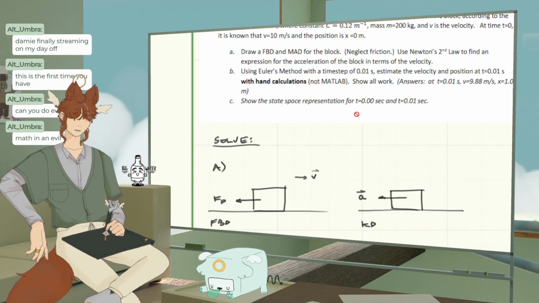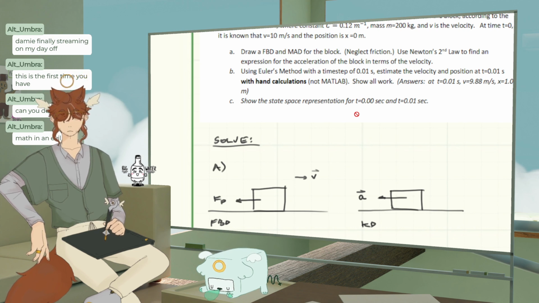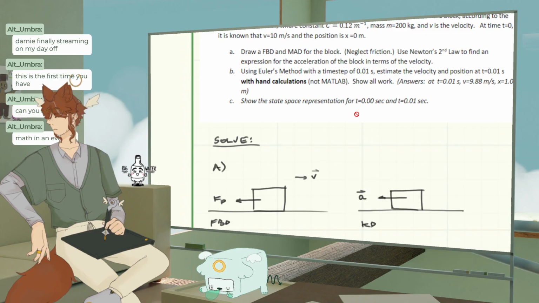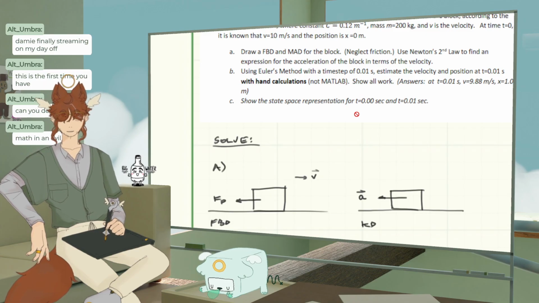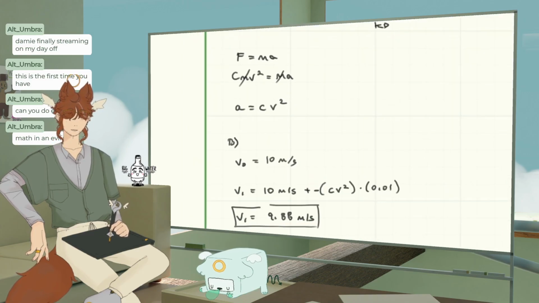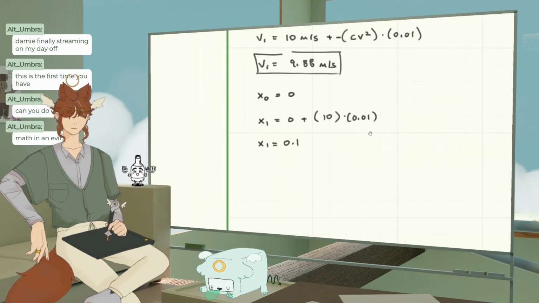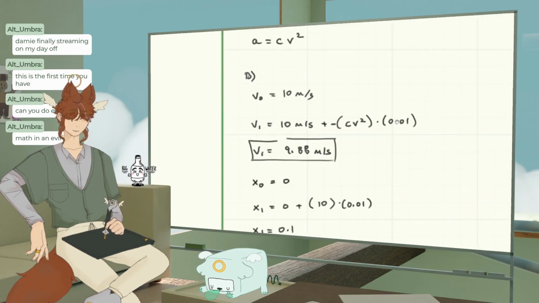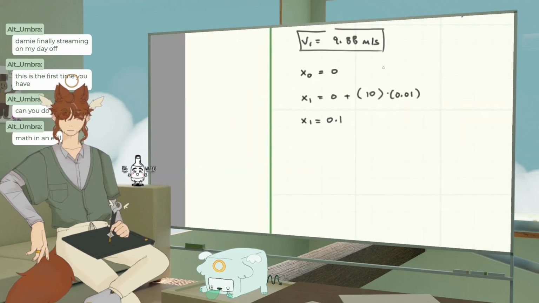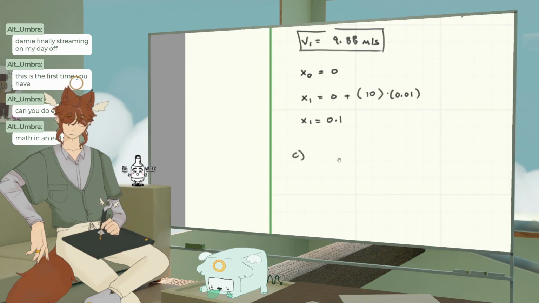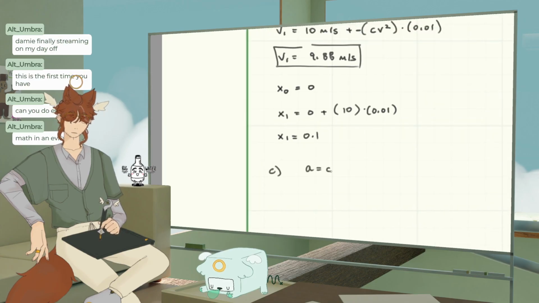Wait, where's the differential equation? I guess V? But that's a first order differential equation. Oh, F equals MA. Oh, never mind. A equals CV squared. There's our differential. What am I even talking about? I'm being silly. Of course it's right there. So A equals CV squared.